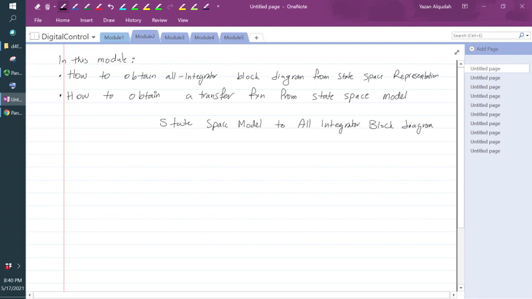Now we know for each state variable we need to include one integrator.